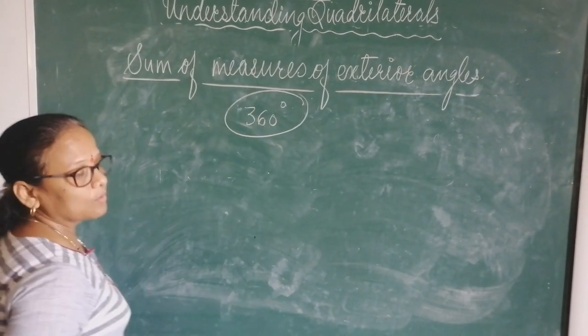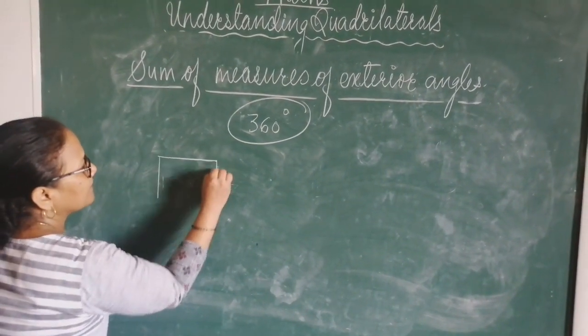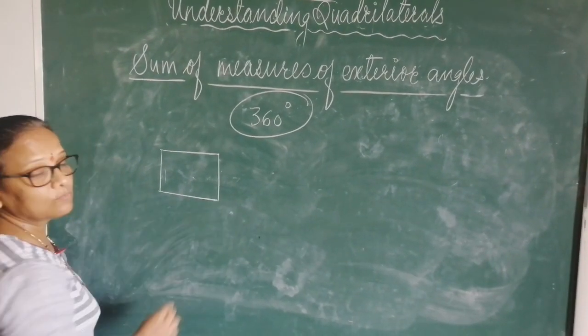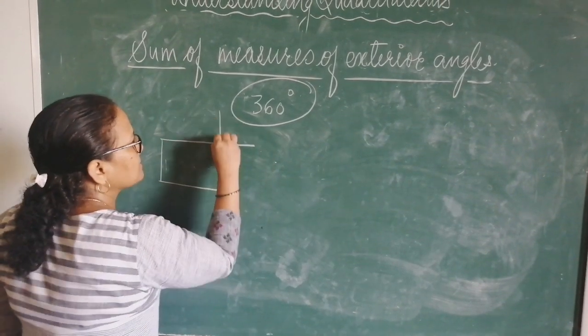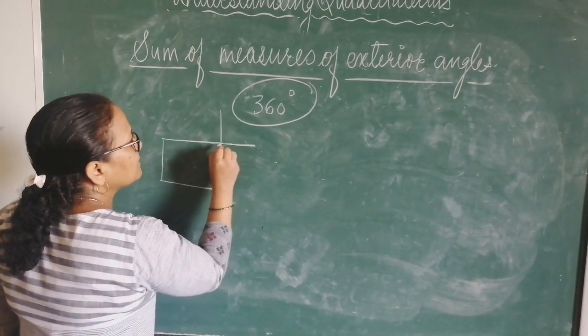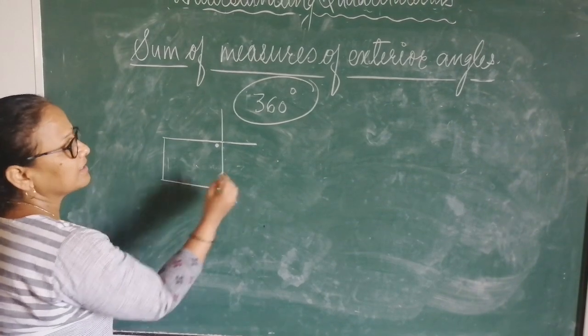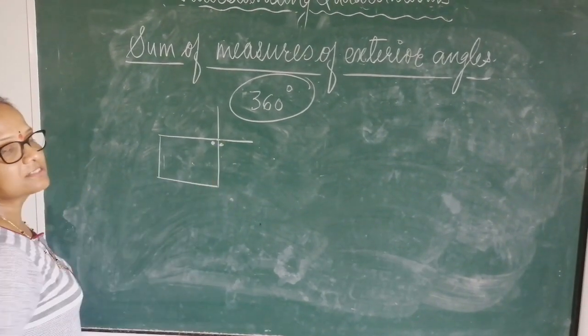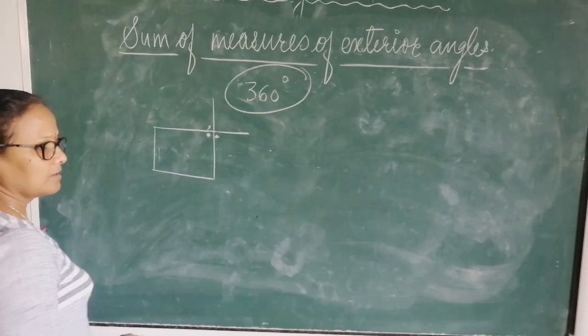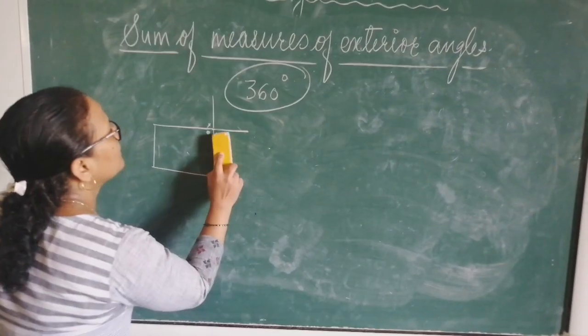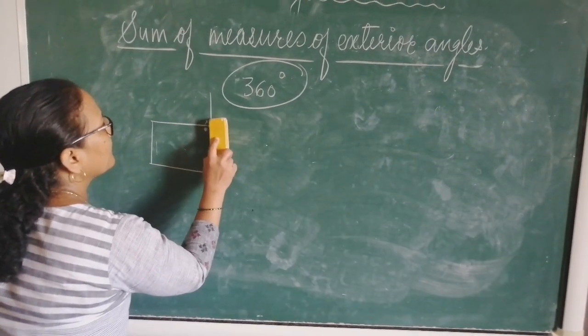We simply start with the rectangle. Here in the rectangle, what are the exterior angles? When you extend this side and this side, for this interior angle, this is called the exterior angle, or this is called the exterior angle. We will consider only any one.